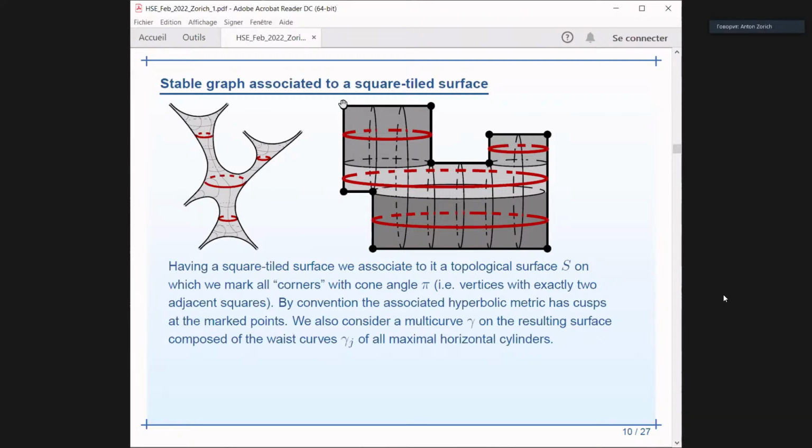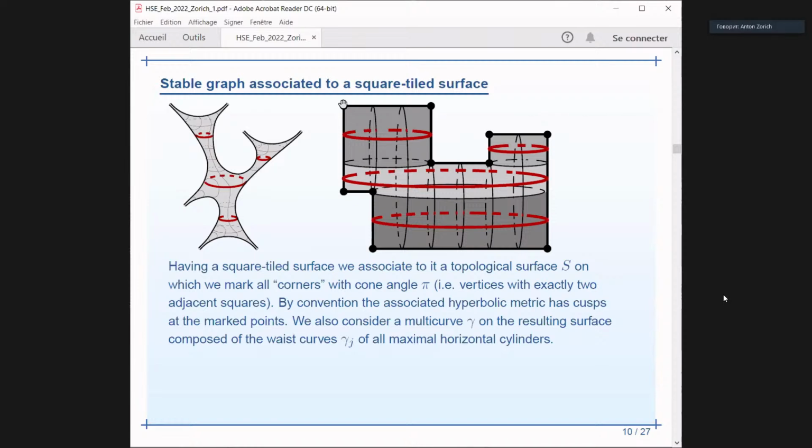Then I took these 2 copies and identified them by the common boundary, which follows the boundaries of squares. And I got a pillow, a topological sphere, obtained by attaching squares to each other, where I attach sides to sides, edges to edges.